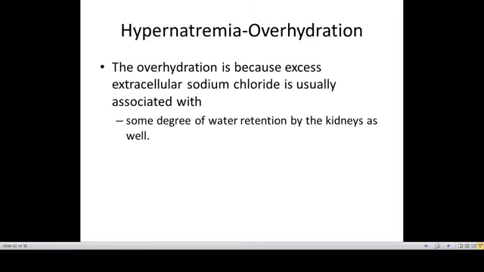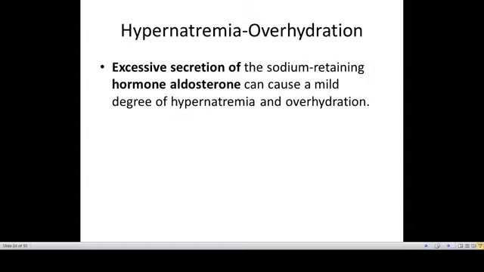The overhydration is because excess sodium chloride is usually associated with some degree of water retention by the kidneys as well. Excessive secretion of the sodium retaining hormone aldosterone can cause a mild degree of hypernatremia and overhydration.